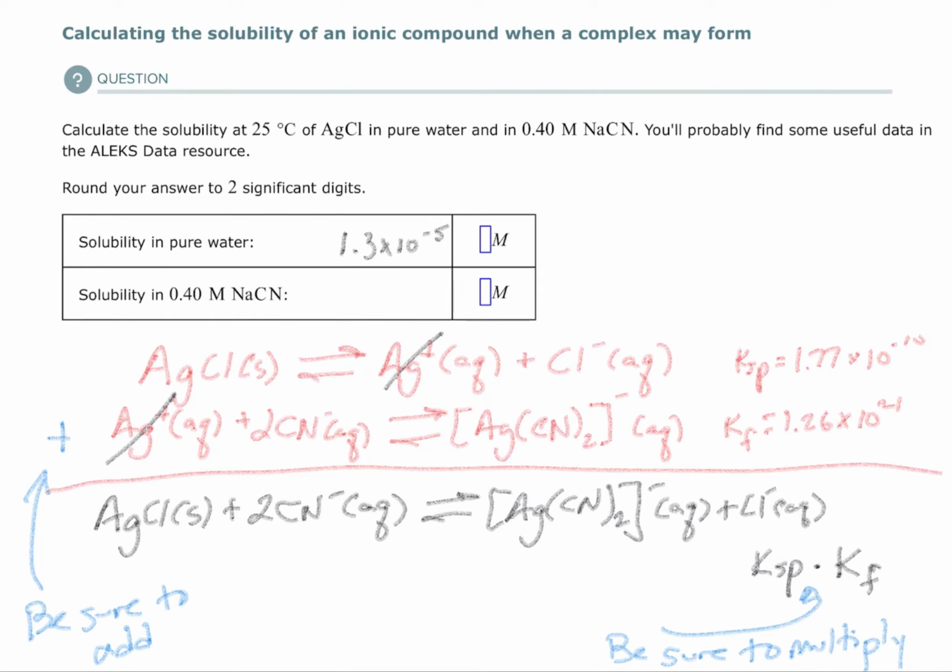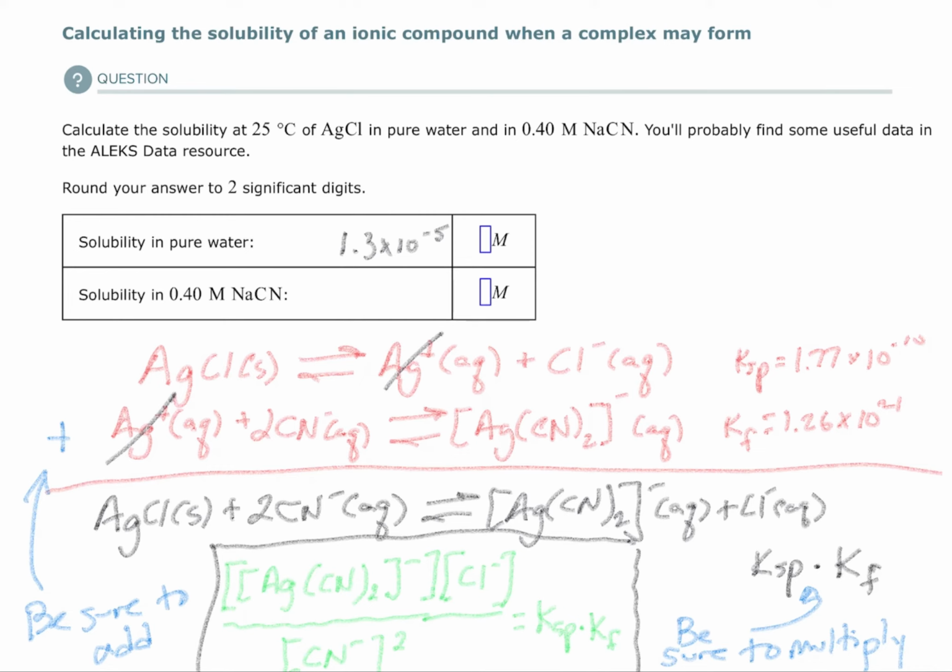The case of KSP and the case of KF don't add together. When you combine equilibrium constants, you multiply them. Just keep that in mind, or you will miss this. You add the two reactions together, just like you've done in lots of stoichiometry problems, but you multiply the constants.